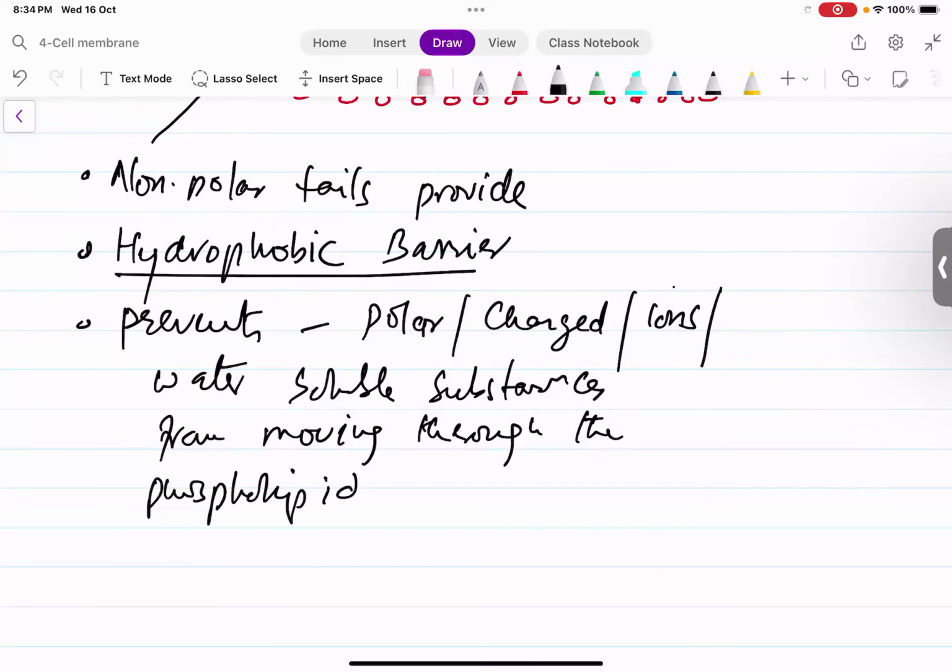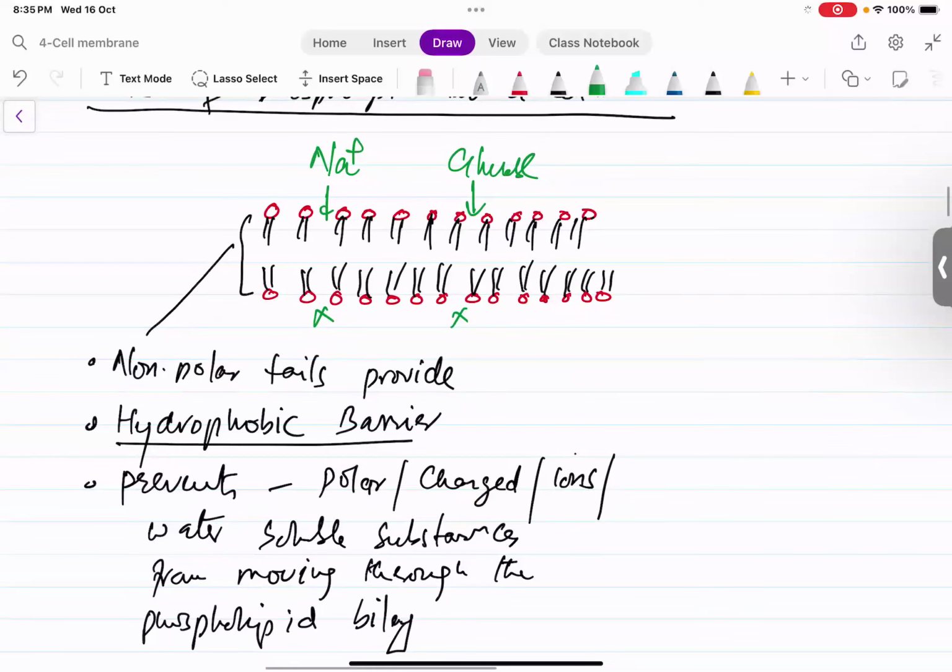So glucose cannot move through it. Sodium ions cannot move through it. Similarly, the larger molecules like sucrose, which is water soluble, these cannot move through it.